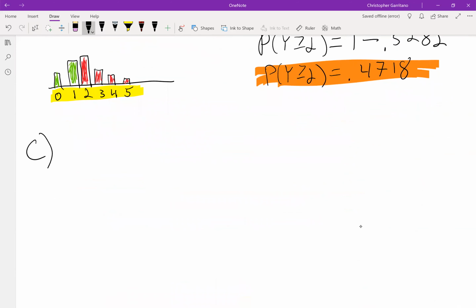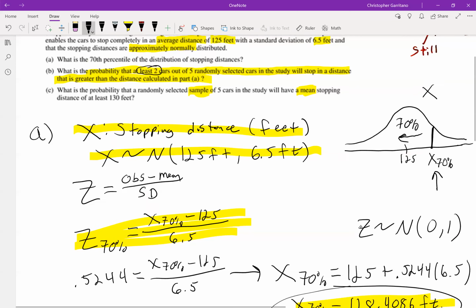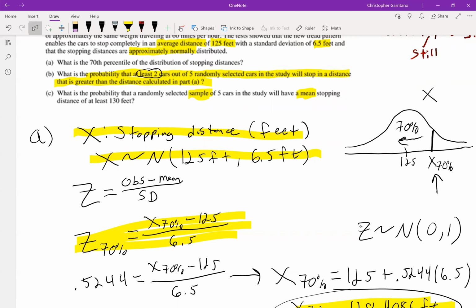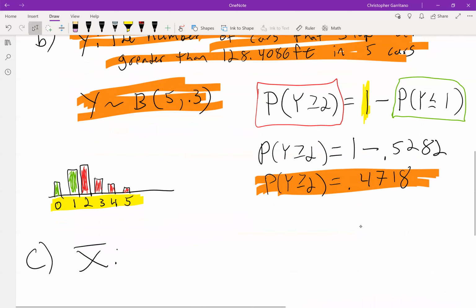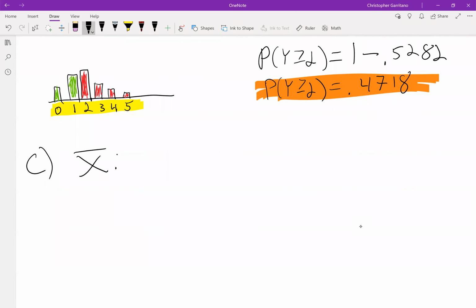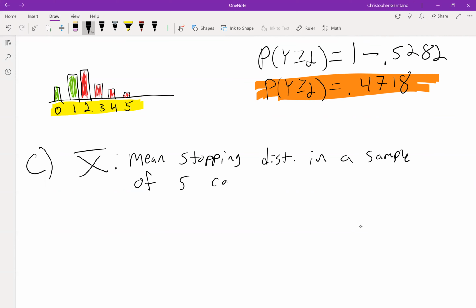This means, no pun intended, that we have to define a new random variable. And since we're looking for mean stopping distance, and since I already have a random variable of x, which is just stopping distance, I'm going to use x bar. So x bar is going to be the mean stopping distance in a sample of 5 cars.